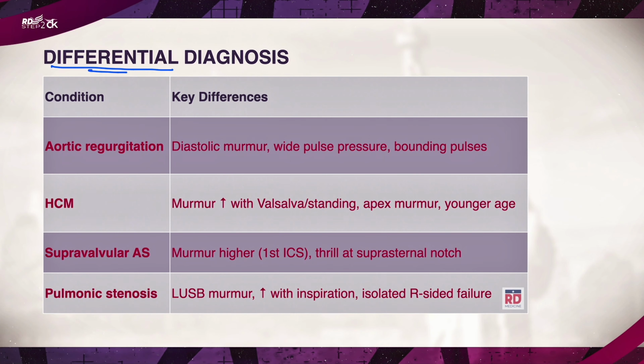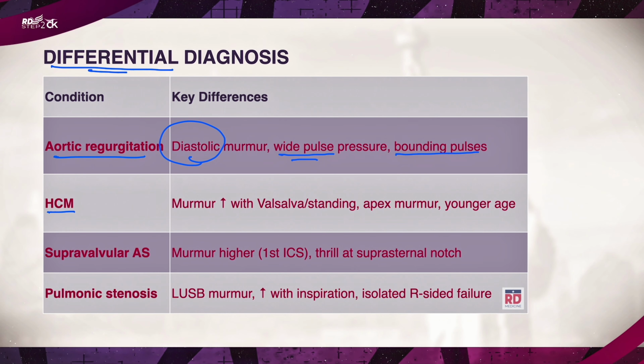When evaluating a systolic murmur, it's important to consider other conditions too. Aortic regurgitation has a diastolic murmur, not systolic, and will be the subject of our next lecture here in our cardiovascular series. It's going to show a wide pulse pressure with bounding pulses. Hypertrophic cardiomyopathy tends to occur in younger patients, and its murmur gets louder with Valsalva, which is kind of unique, or standing, and is best heard at the apex.